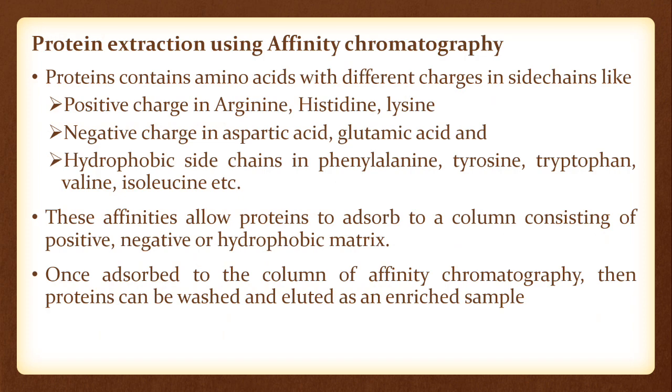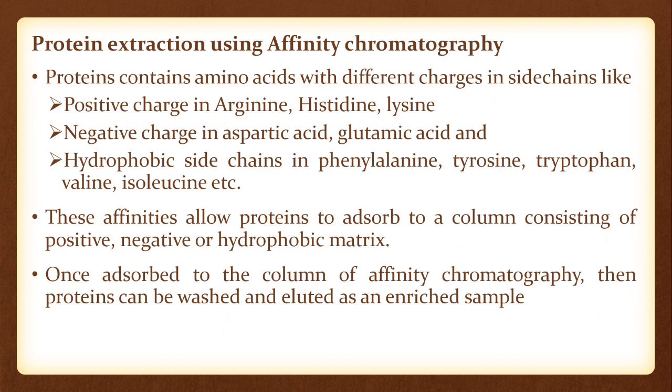These affinities allow proteins to adsorb to a column consisting of a positive, negative or hydrophobic matrix. Once adsorbed to the affinity chromatography column, the proteins can be washed and eluted as an enriched sample.